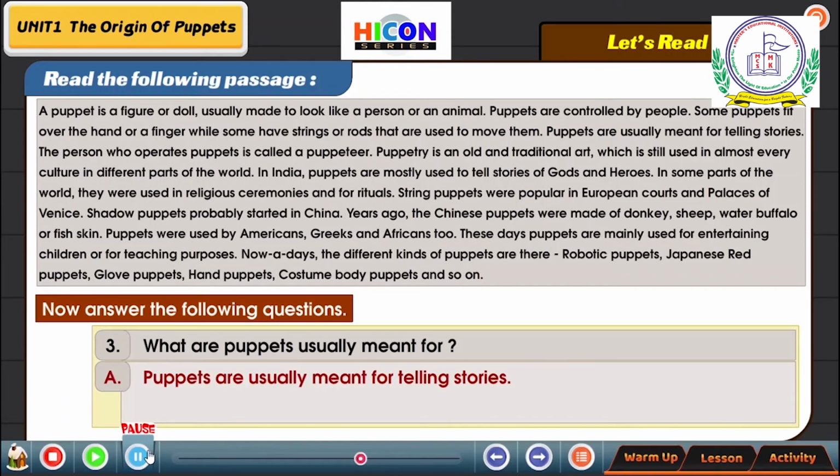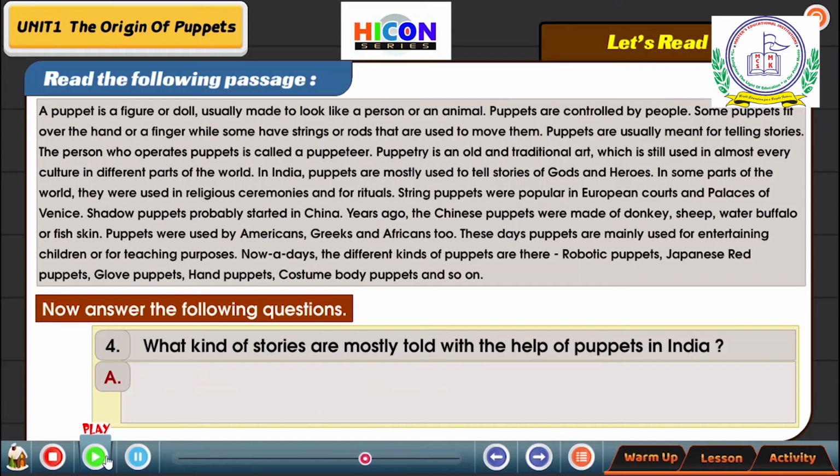So in the olden days, puppets were usually used for telling different stories. We said even in India, we used to tell the stories of gods and heroes, isn't it? So puppets are usually meant for telling stories, right?